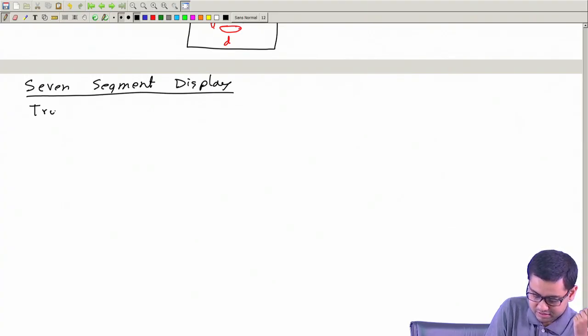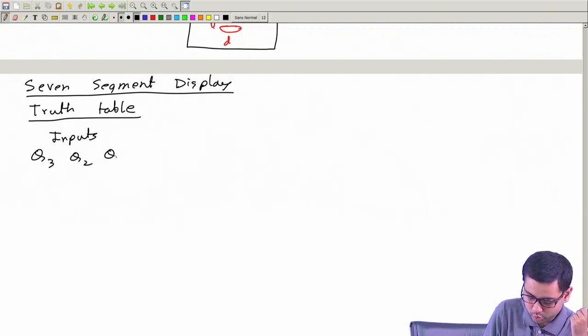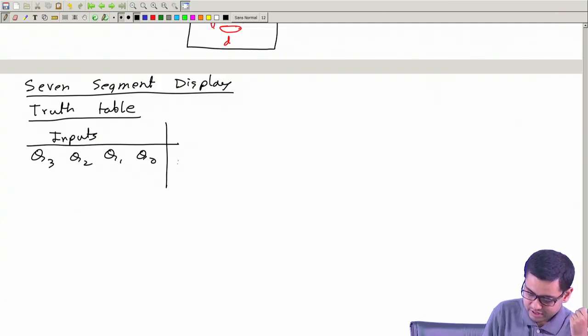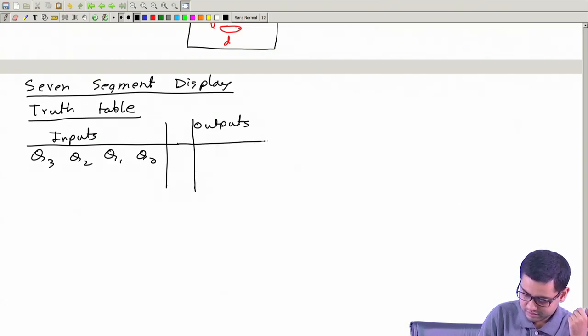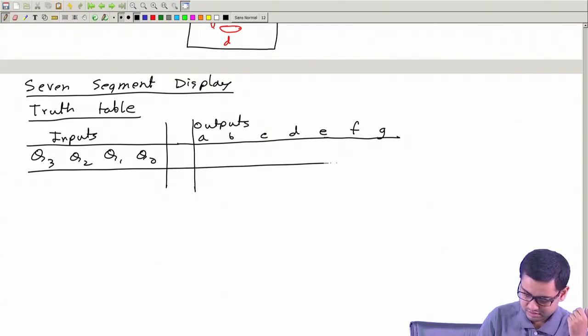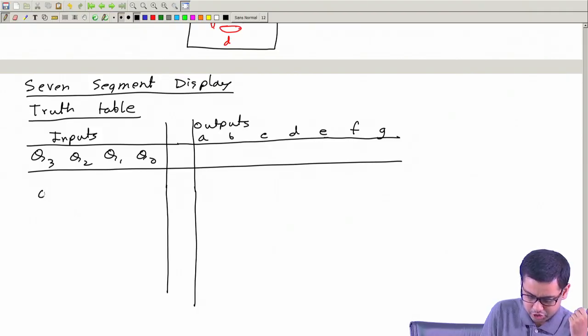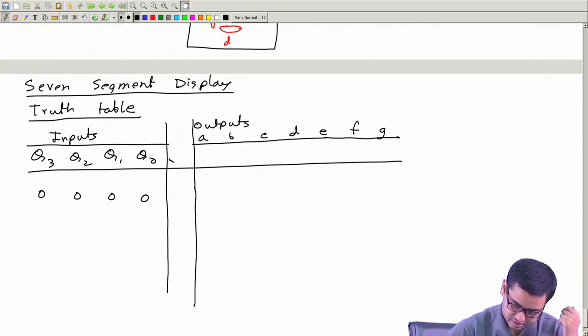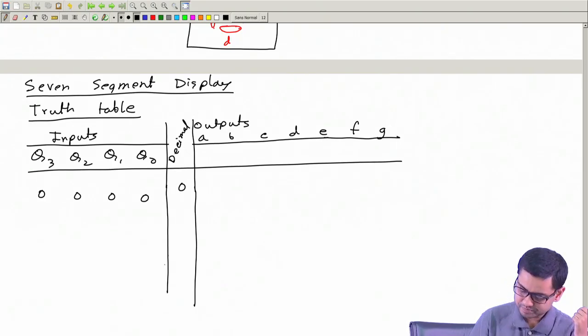So let me write the truth table. It has 4 inputs, Q3, Q2, Q1, Q0, and 7 outputs, A, B, C, D, E, F, G. Now if these are 0 0 0 0, this is the same as decimal 0.